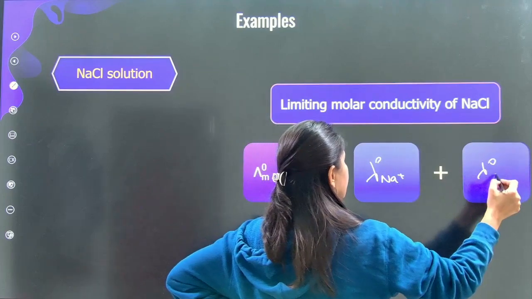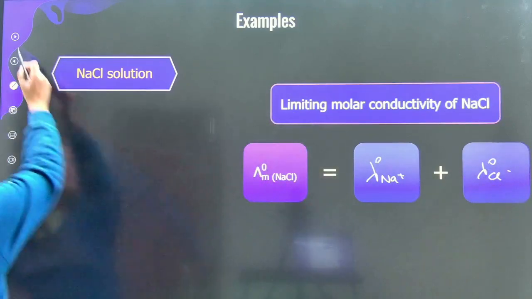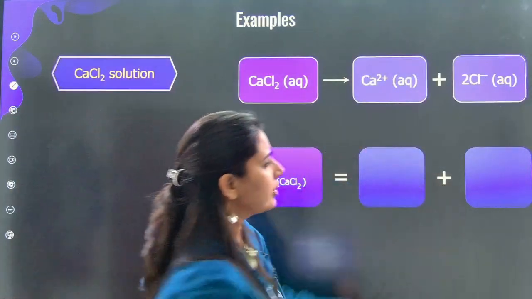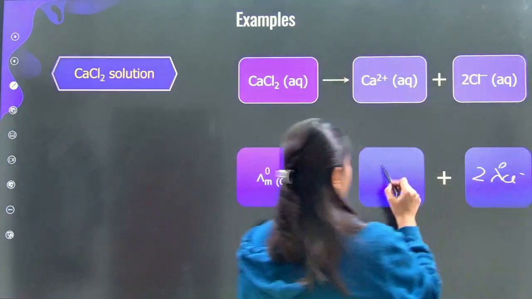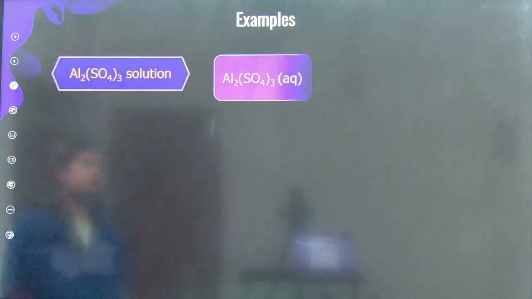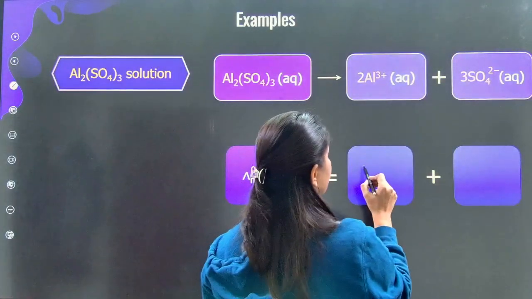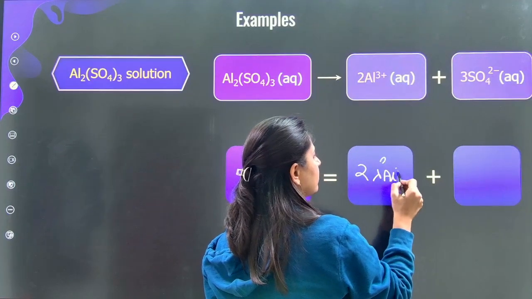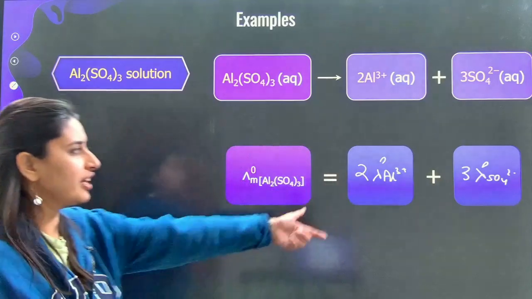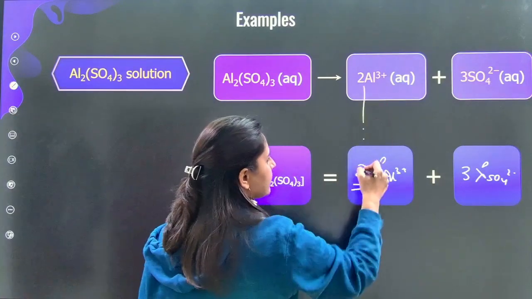lambda naught Na plus, lambda naught Cl minus, right? Similarly, if you have to do it for calcium chloride, lambda naught Ca 2 plus, 2 lambda naught Cl minus, right? This is how we can write at infinite dilution. Similarly, if we have aluminium sulfate, we can say 2 lambda naught Al 3 plus, 3 lambda naught SO4 2 minus. So basically, every individual ion in the stoichiometry as it is plays a role.